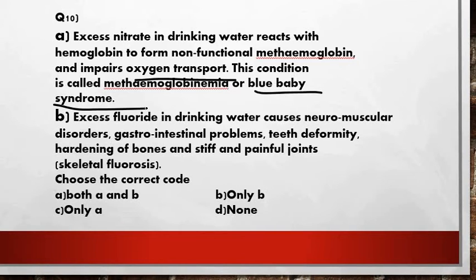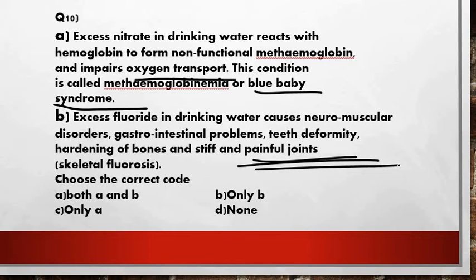Whether this statement is correct or not, just think over it. The second statement says excess fluoride in drinking water causes neuromuscular disorder, and in continuation, gastrointestinal problems, teeth deformity, hardening of bones and stiff and painful joints. And this painful joint condition is also called skeletal fluorosis.